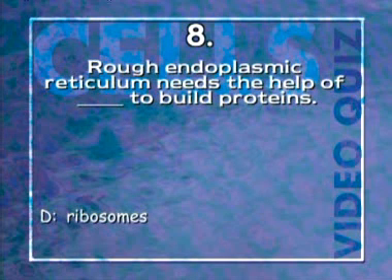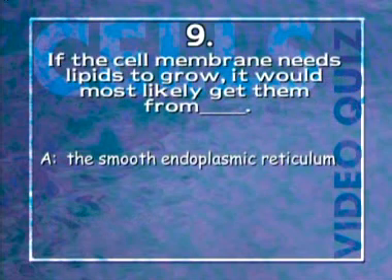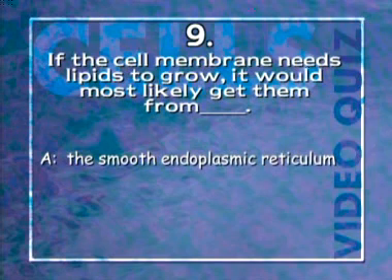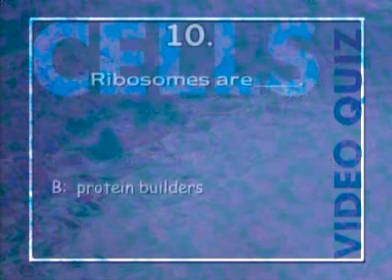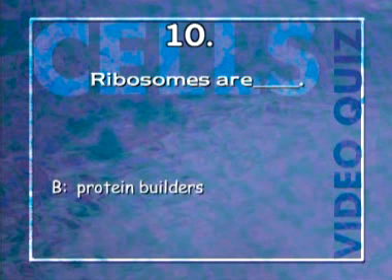D. Rough endoplasmic reticulum needs the help of ribosomes to build proteins. Question 9. A. If the cell membrane needs lipids to grow, it would most likely get them from smooth endoplasmic reticulum. Question 10. B. Ribosomes are protein builders.